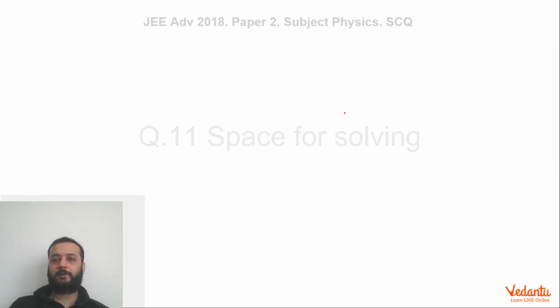Now if we try to analyze the situation, one main scale division has been given as 1 mm in the question, right? So one vernier scale division will be 0.9 mm because it was given that 10 vernier scale divisions equal 9 main scale divisions.